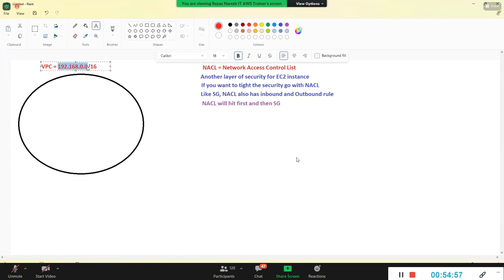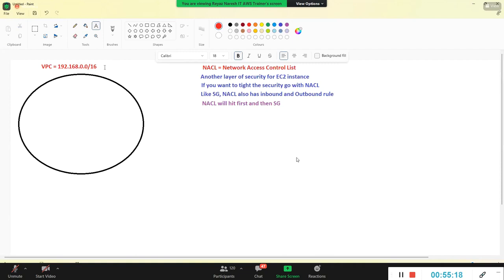Guys, VPC is nothing but the whole box, the whole security, the compound wall. So for the compound wall, you are giving this network. Inside the compound wall, you will be using the same network for your EC2 instances. AWS will go and take the IP addresses from this network range and assign them to the EC2 instances. You can take anything, guys.